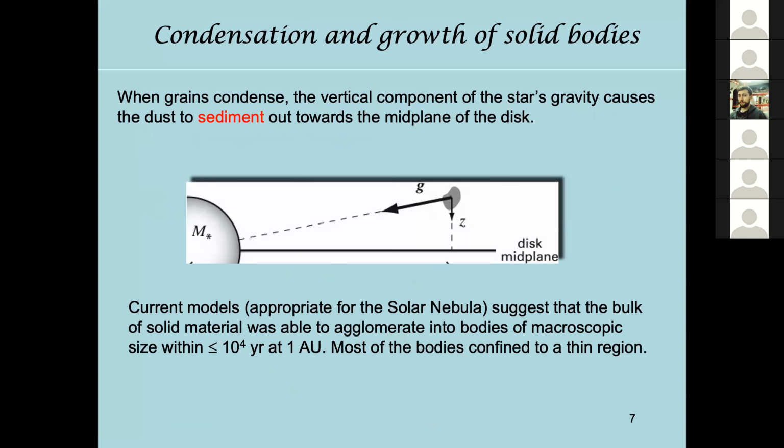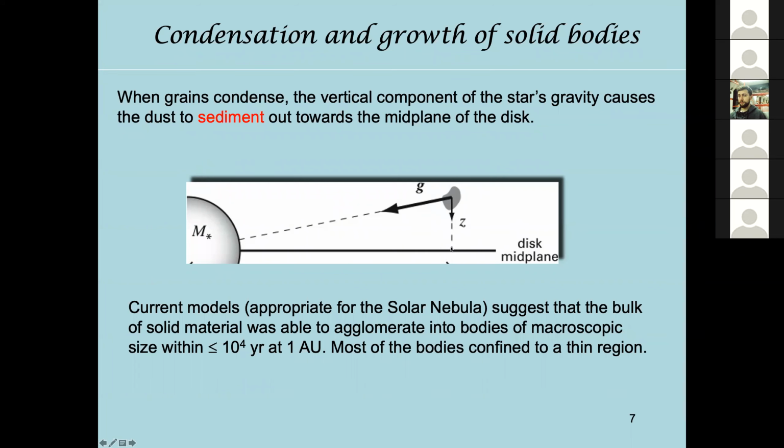And what actually happens when grains condense? These dust grains feel this drag, but they also feel the gravitational attraction from the star. If the dust grain, like in this figure, is a little bit above the mid-plane, the vertical component of the stellar gravity pushes this dust grain toward the mid-plane.